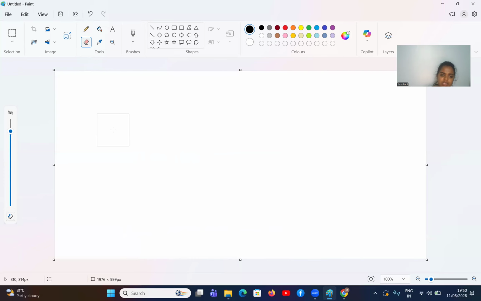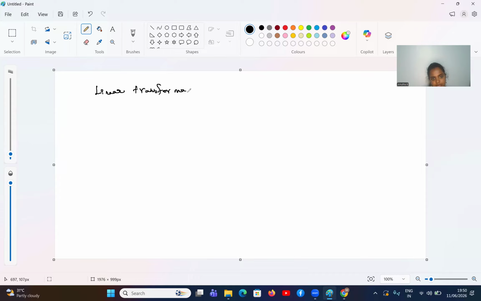Now, a linear transformation can be called a 1-1 linear transformation, an onto linear transformation, and so on. I am going to write when a linear transformation will be 1-1 and when it will be onto.